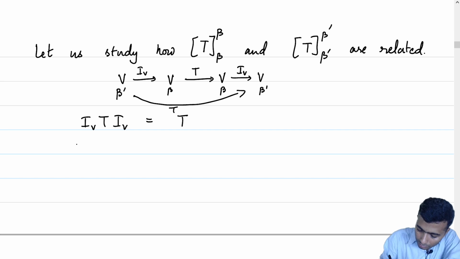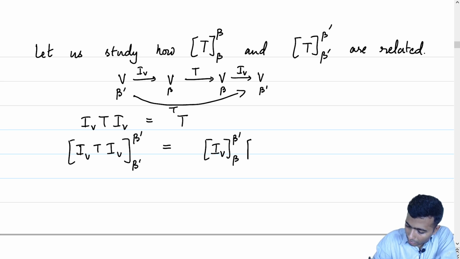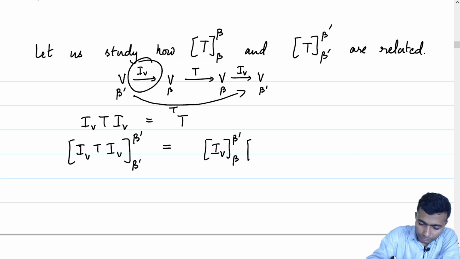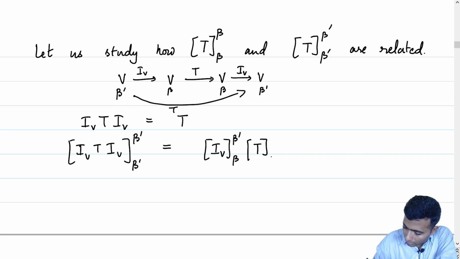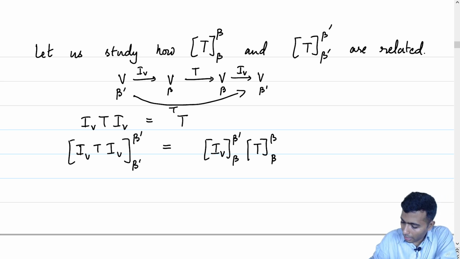So, this I_V T I_V with respect to beta prime, by what we have seen earlier, is nothing but I_V from beta to beta prime, times T beta to beta, and times I_V from beta prime to beta.